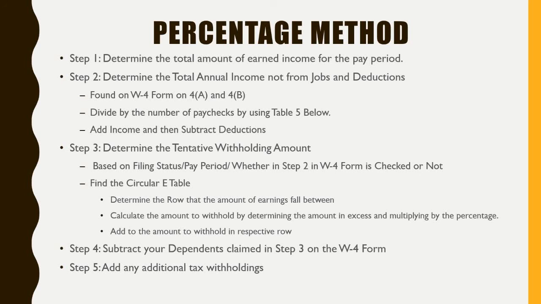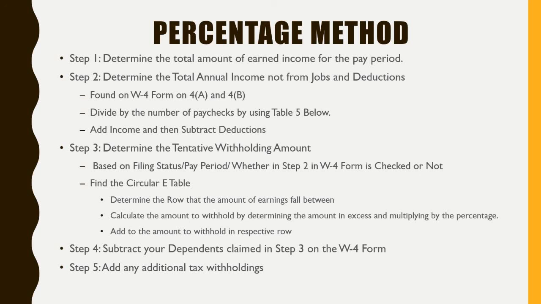We're also going to be taking into account how often we pay them and what filing status they are, and what criteria they fall under is going to determine what percentage you're going to be taxing them at.